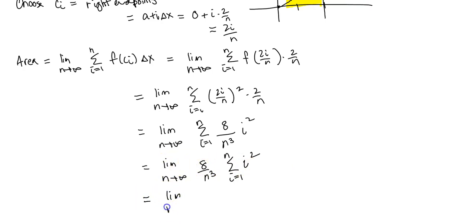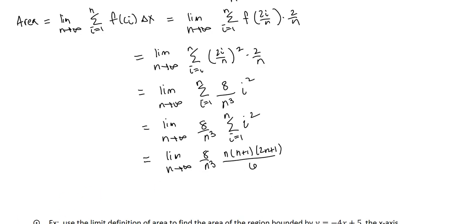So when I apply my sum formula, this sum of i squared is going to be n times n plus 1 times 2n plus 1 over 6. So cleaning this up a little bit, we can cancel one of the n's. We can cancel a 2 out of this, so this will be 3 and 4. So I would get the limit as n approaches infinity of 4 times n plus 1 times 2n plus 1 all over 3n squared.